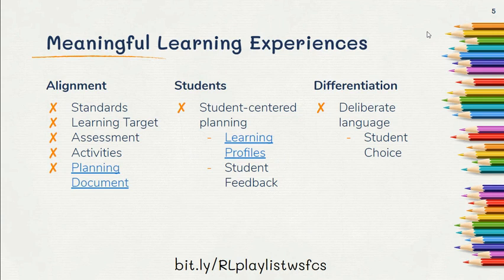Content, process, and product were the words that we used in our non-negotiables in order to build a connection to the work of Carolyn Tomlinson and her work around differentiation. So we want teachers to begin thinking about how they can differentiate to meet the needs of their students. And student choice is a great way to provide students ownership and differentiate at the same time.